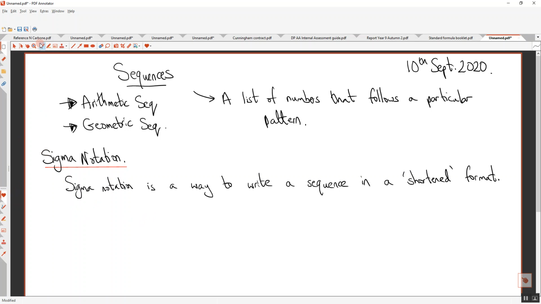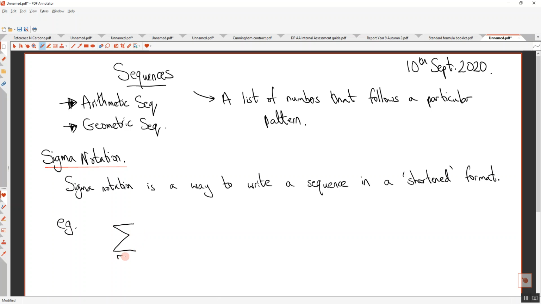So, for example, an example of sigma notation. And I'll explain all this as we go. So this is sigma. Have you seen that symbol before?